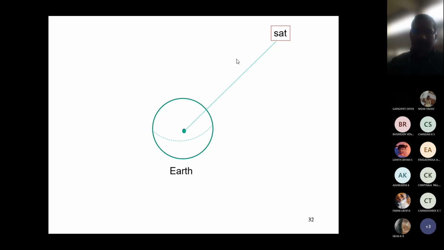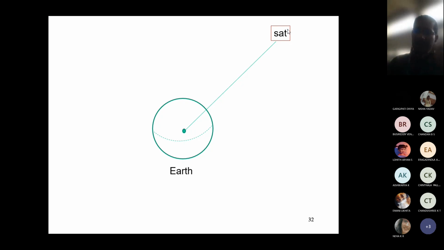Now look at this particular diagram. In this diagram, you have the Earth and the satellite is located somewhere here. Then the question comes, how can we find the location of the satellite? Suppose the satellite is somewhere here.